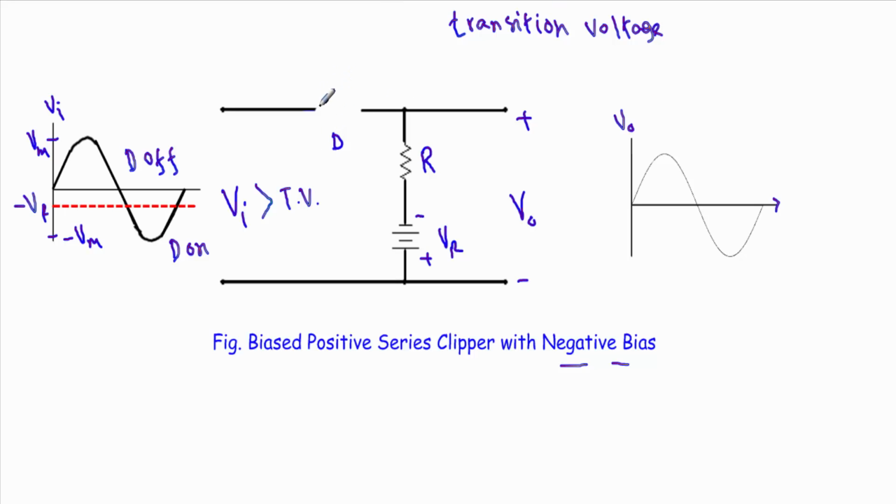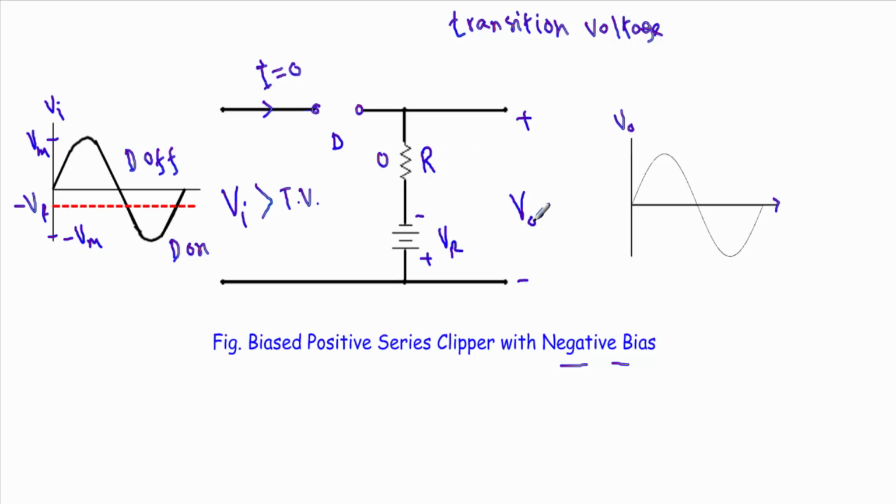If I replace this diode with an open circuit, our circuit will look like this, and the current in this circuit will be equal to 0. As there is no current in this circuit, our voltage drop across this resistor IR will be equal to 0.